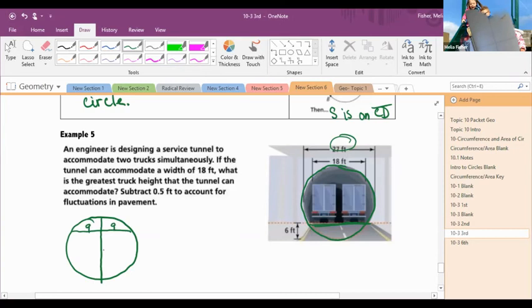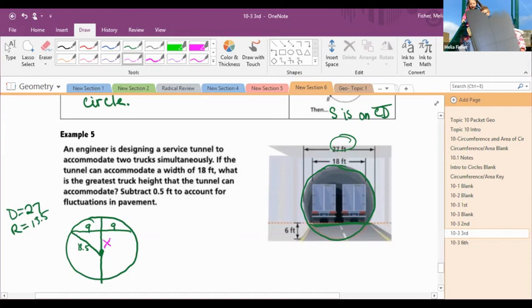Okay, and then I do know that there would be a center here and that radius, if the diameter equals 27, then my radius is going to equal 13.5. I need to know this part right here.